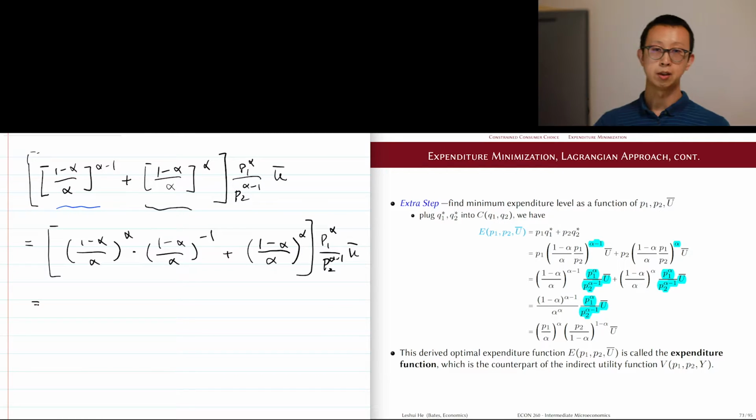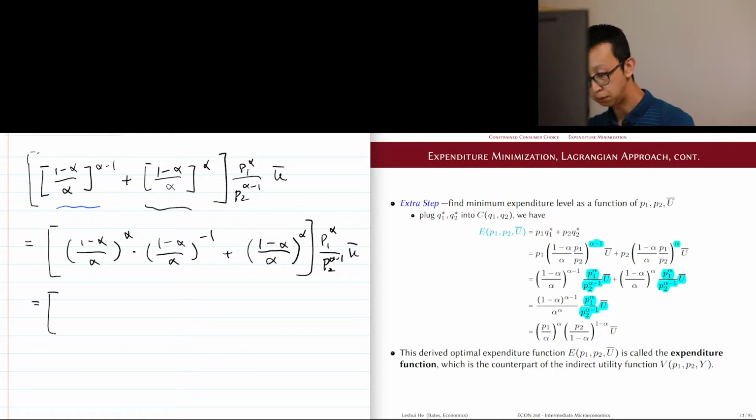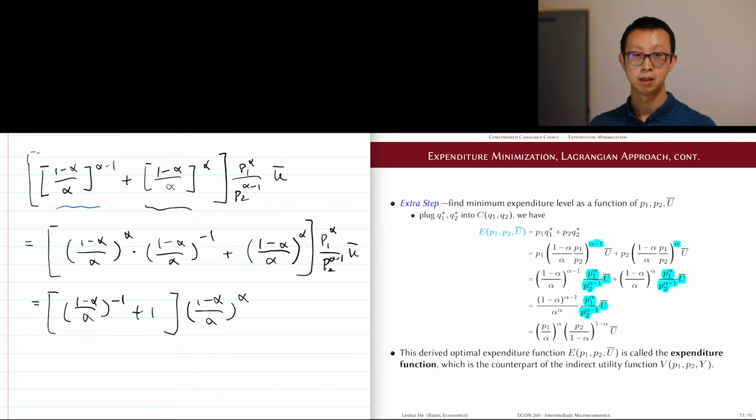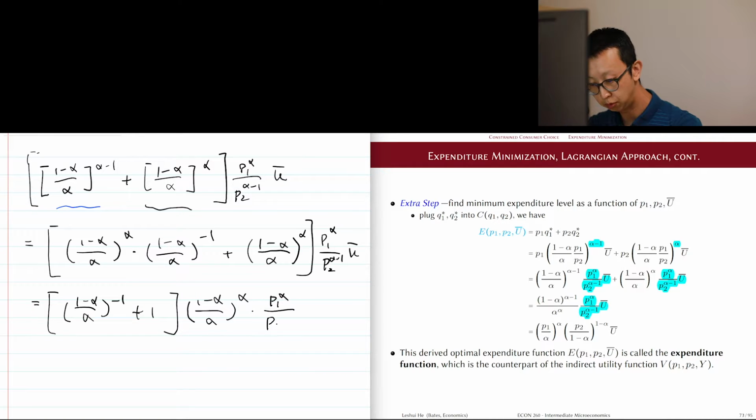And now I have another term I can pull out, which is the ratio of (1 minus alpha) over alpha to the power of alpha. Once that's pulled out, on the inside, I have the expression of ((1 minus alpha) over alpha) to the power of minus 1, plus 1, times ((1 minus alpha) over alpha) to the power of alpha, and then, of course, multiplied by P1 to the power of alpha over P2 to the power of alpha minus 1 times U bar.